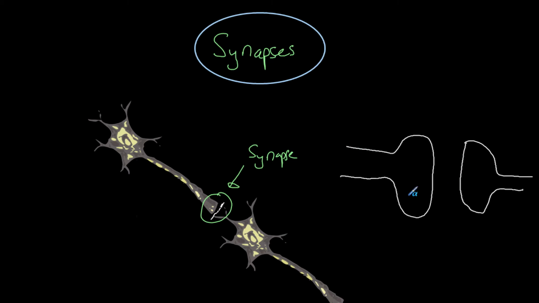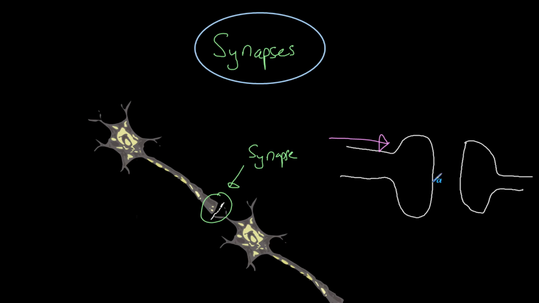The electrical impulse cannot pass this gap, so we need another way for it to pass along to the next neuron. Our electrical impulse is traveling down this way, and then it encounters this gap.